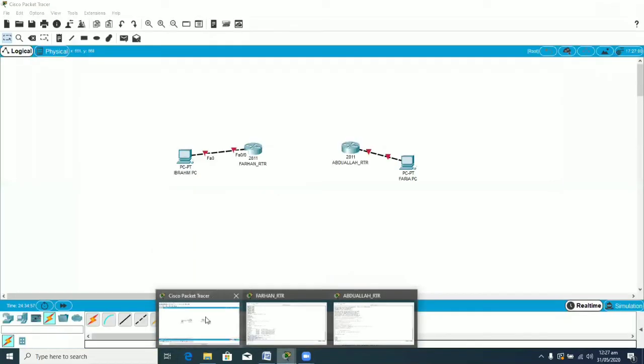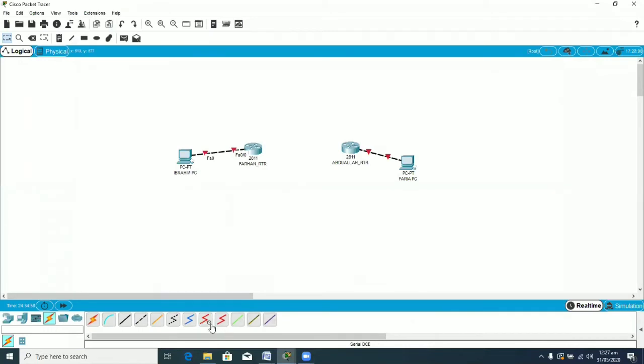Between these two interfaces, you can see over here that we have a serial cable having a clock and a serial cable without a clock. If I click over here, it shows me the message of serial DCE, and this shows the message of serial DTE. The messages are written over here. So this is serial DTE, and if I go over there, this is serial DCE.